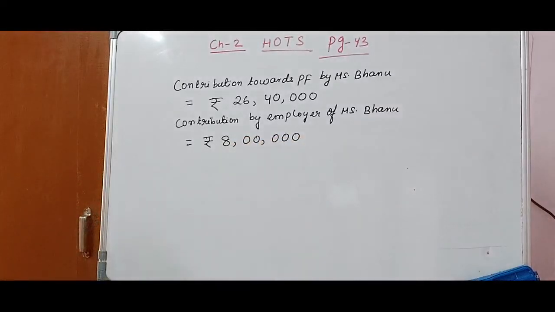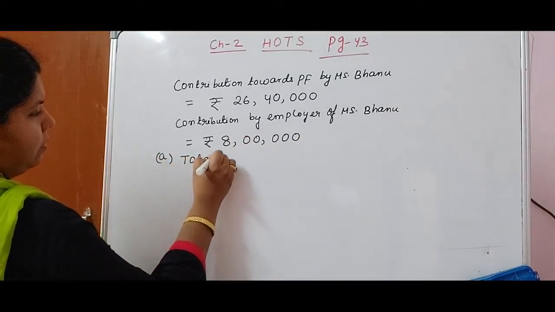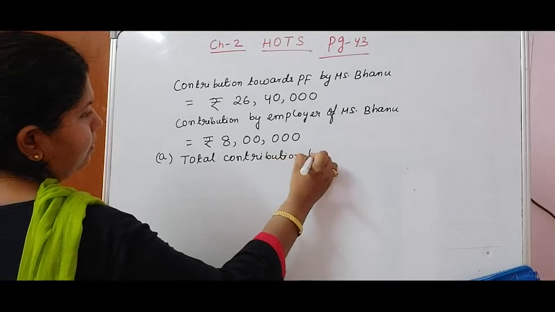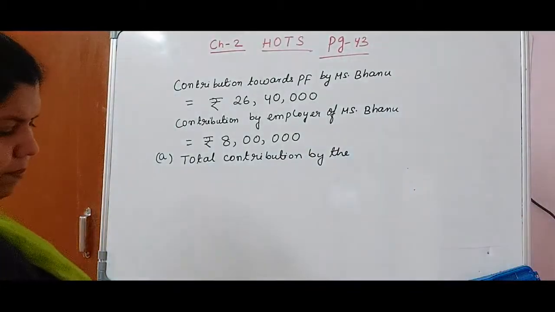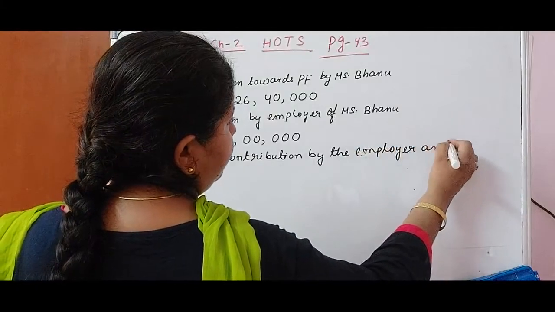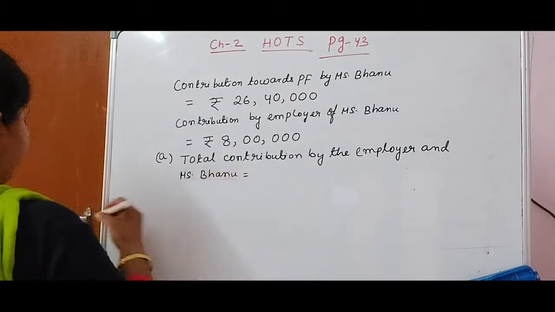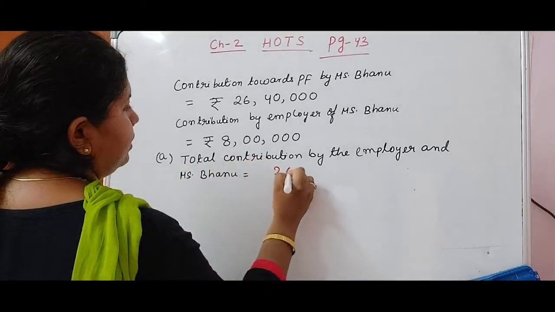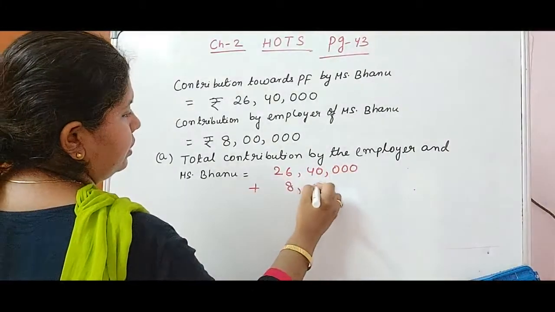Okay. Now we will write down the answer of option A. Total contribution by the employer and Ms. Bhanu equal to, we will add these two, that is 26,40,000 plus 8 lakhs.